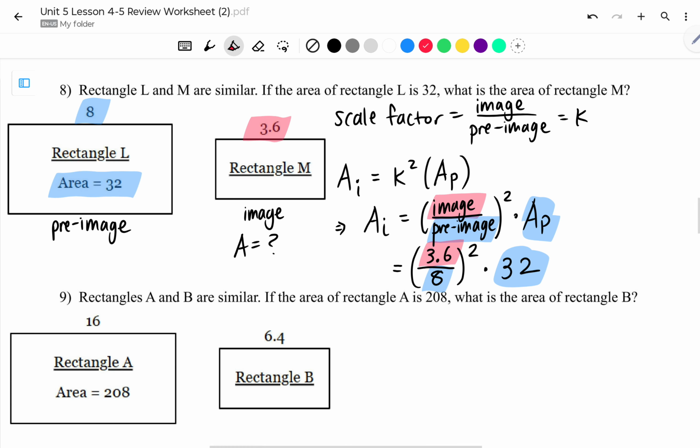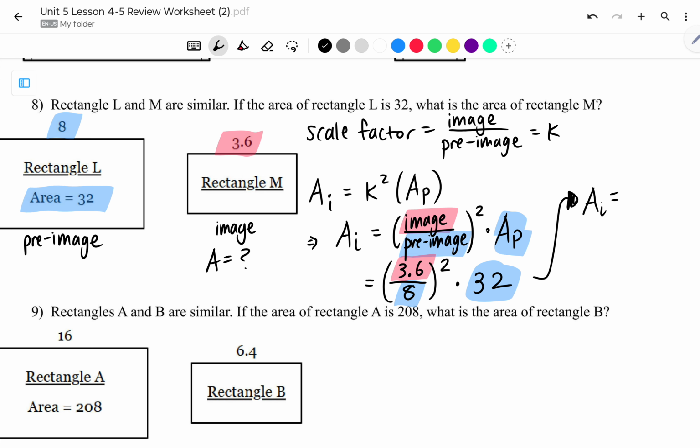The area of the image is going to be 6.48. 6.48. Okay. Cool. Try out 9 and 10. Same steps. You're using this part of the formula. Okay, you're using that part.